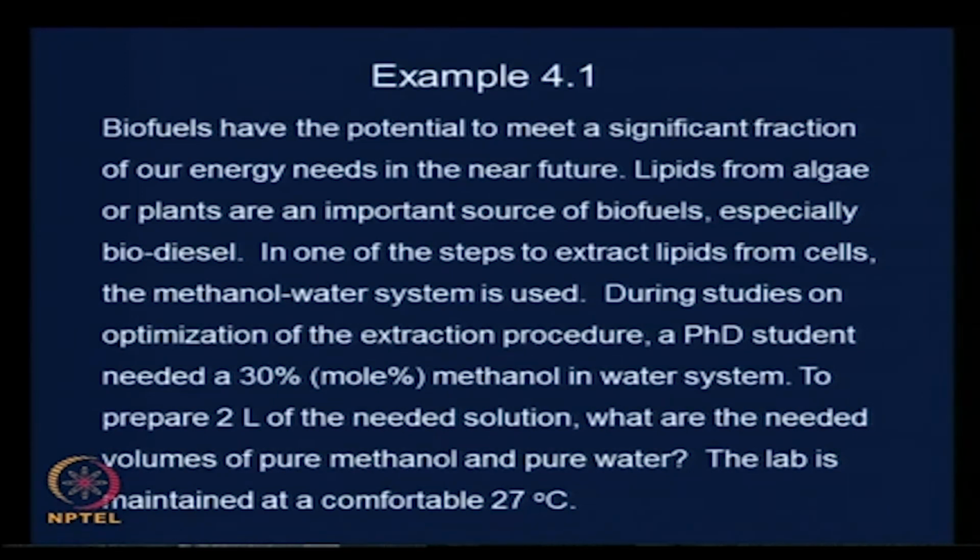Lipids from algae or plants are an important source of biofuels, especially biodiesel, or it could yield many different biofuels. In one of the steps to extract lipids from cells, the methanol water system is used to extract lipids. During studies on optimization of the extraction procedure, in fact this is something that we did in our lab, so I kind of picked it up here.